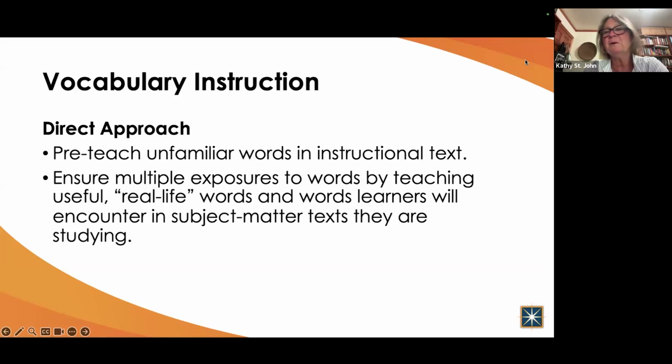And then on Monday, we got a whole new set of words and we never came back to the words that we learned the last week. So that is a really poor, ineffective way to teach vocabulary.